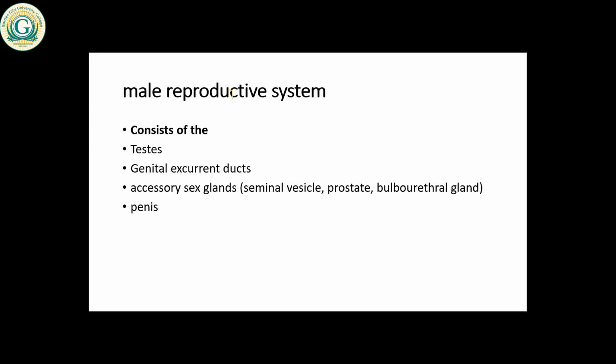And then we have the accessory glands. Accessory means that they don't usually belong there, but they help in that particular area. And the last aspect we're going to look at is the penis. So testes first, the duct system, the glands, and then the penis.